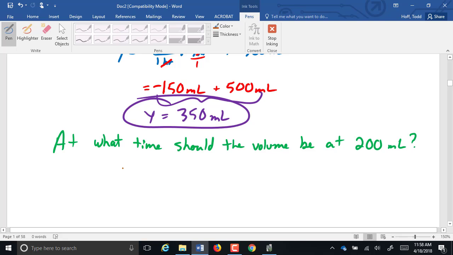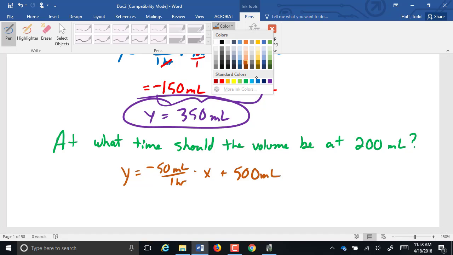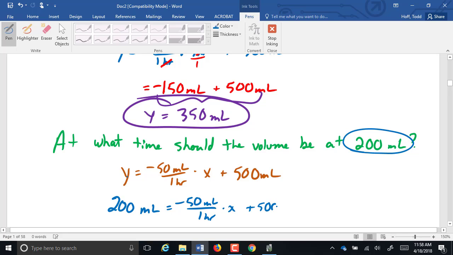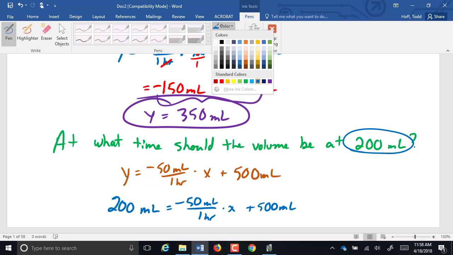So again, our model, y equals negative 50 milliliters per hour times X plus that 500 milliliters. Well, now we are putting 200 milliliters in for Y. Y represents the volume. So 200 milliliters equals negative 50 milliliters over 1 hour times X plus 500 milliliters. And now we are solving for X.